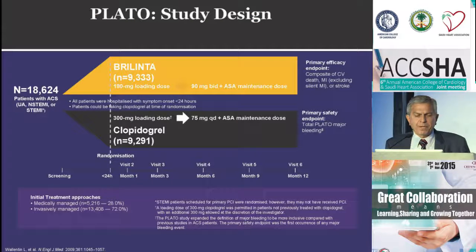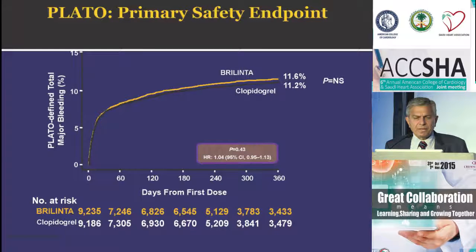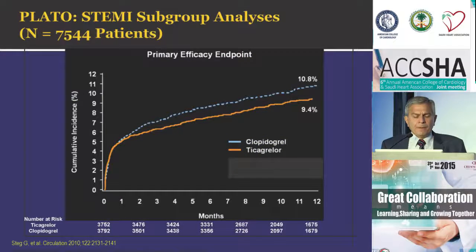The two were compared in the PLATO study, 18,600 patients with unstable angina or acute coronary syndrome. The majority were acute coronary syndrome. And ticagrelor was compared against clopidogrel. The primary efficacy endpoint was favorably reduced by ticagrelor, 9.8% versus 11.7%, and this was statistically significant.